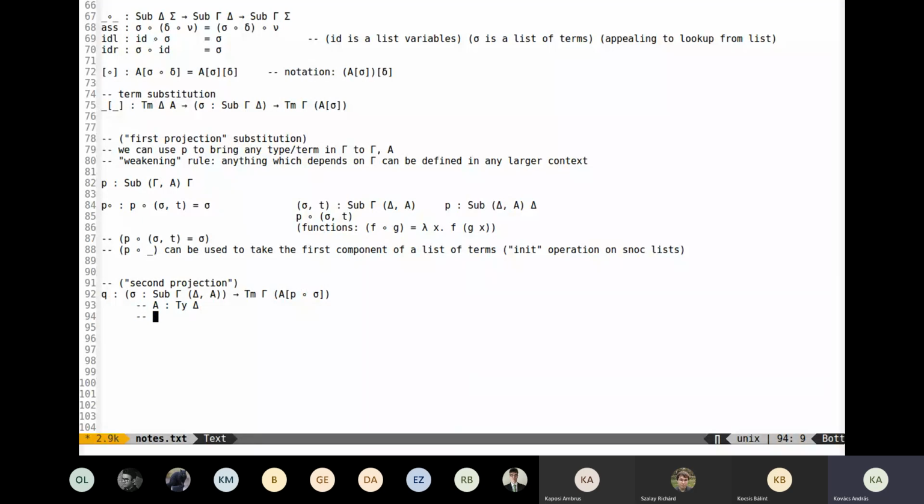A is a type which is in delta, so A p is a type which is in delta A. But we want something in gamma. So we are doing A p and then sigma. And sigma is a substitution from gamma to delta A, so we are fine. So this is a type in gamma. But as a convention, we usually contract these iterated substitutions using the previous rule. So we can instead just write A p p sigma.